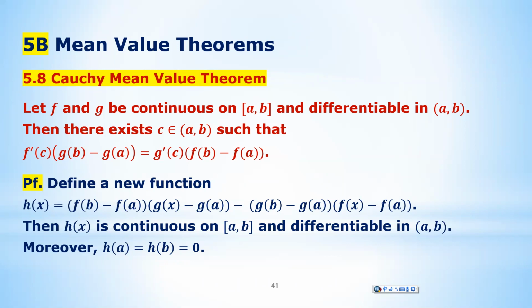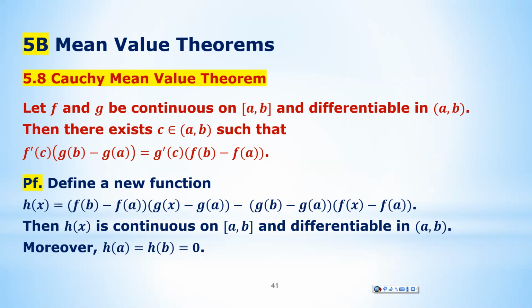If you plug in x equal to a, the first part involves g(x) minus g(a), so it becomes 0. The second part involves f(x) minus f(a), so you get f(a) minus f(a), which is also 0. That's why H(a) equals 0.